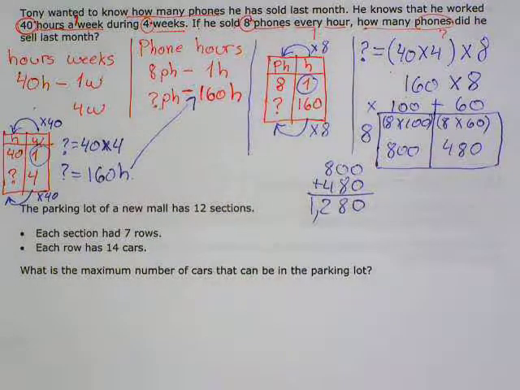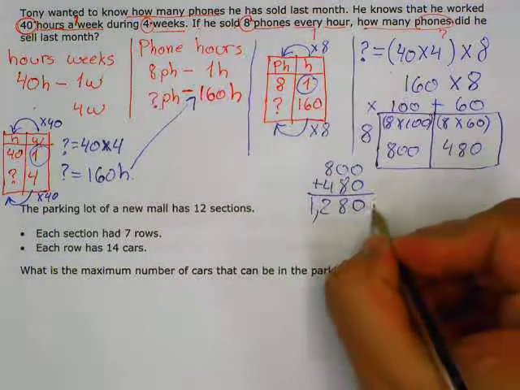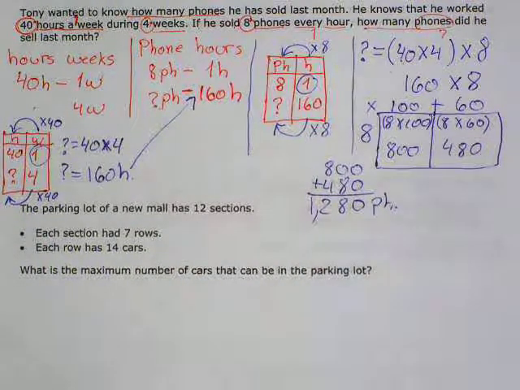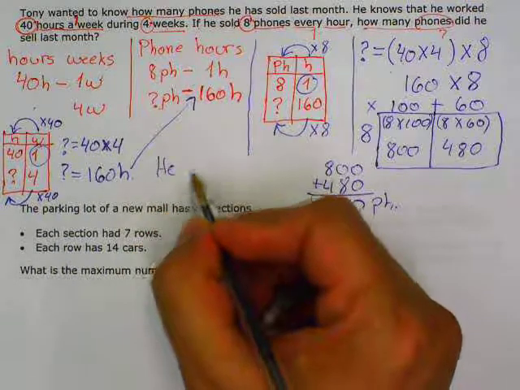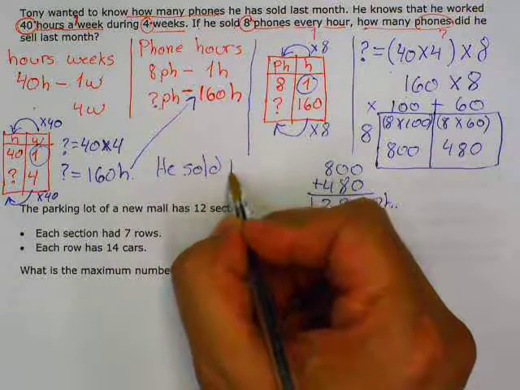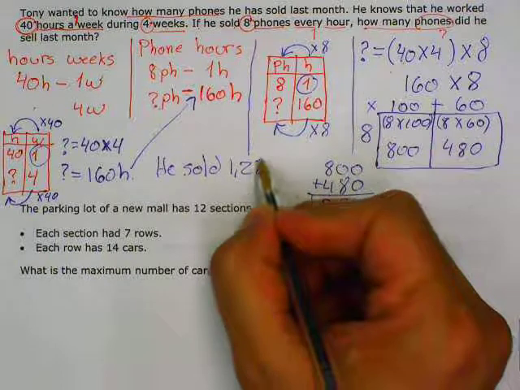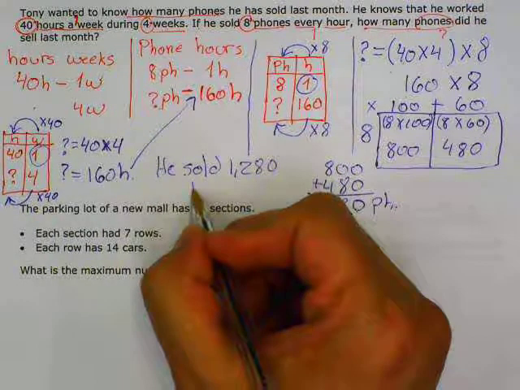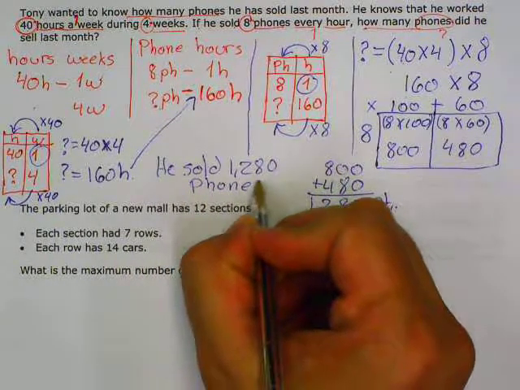So it's 1,280 phones. Yes. So he sold 1,280 phones. That's a lot of phones.